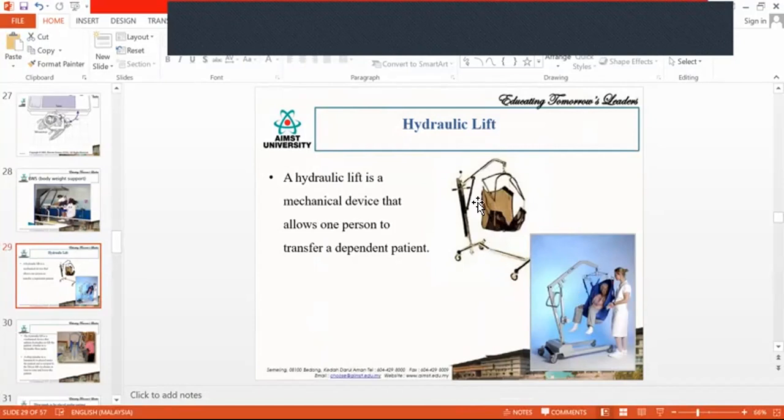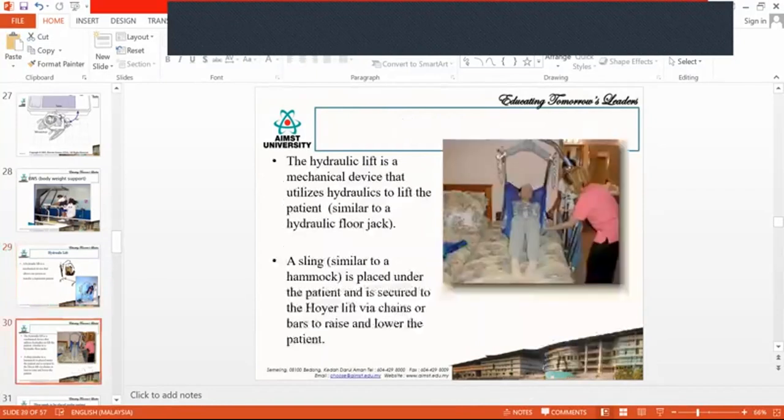Then slowly, with the help of this hydraulic lift, you will be able to lift the patient from the bed or from the chair or from anywhere and move to a different position. You can see here. Like this, you can lift the patient, move to a different position, and make them lie down.